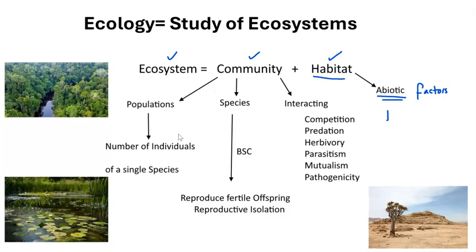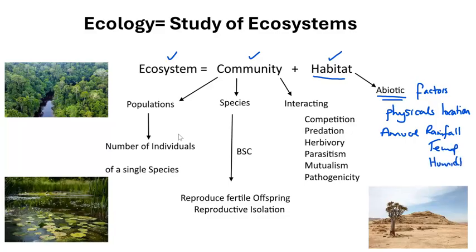So ecologists, when they're studying an ecosystem, the first thing that they would do is to have in mind that the ecosystem has two components. There's the community and there's the habitat. Now, the word habitat actually refers to the abiotic factors, or if you prefer, physical aspects of the location.